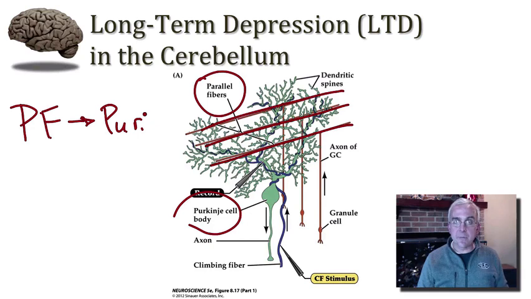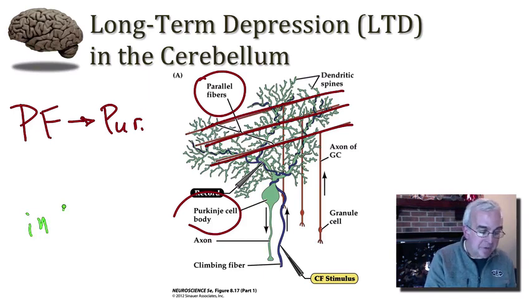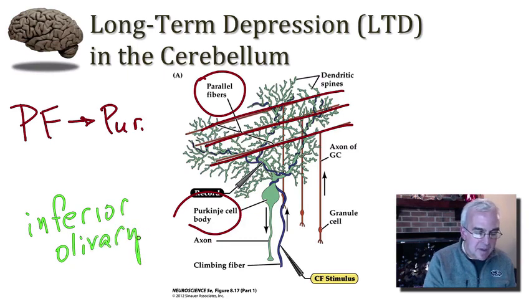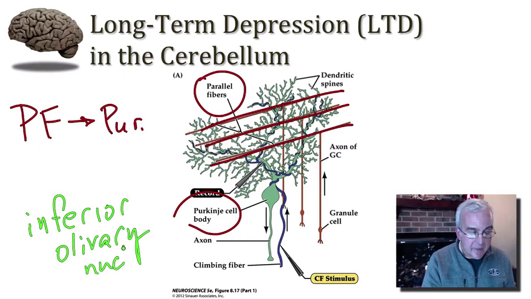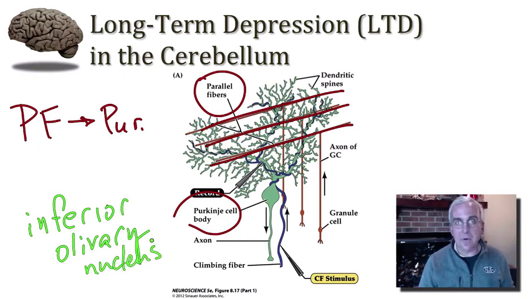Now, there's another important connection that I need to tell you about that makes plasticity in the cerebellum possible. And it is the connection that comes from a nucleus in the brainstem that has a very nice name. It's called the inferior olivary nucleus. And if you looked at the outside of the medulla, you'd see something that we call the olive.